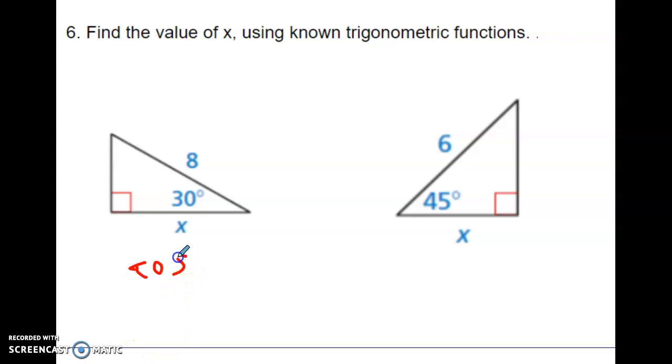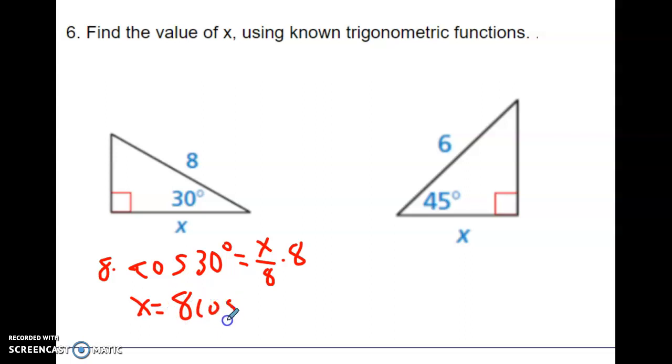Sorry, handwriting is terrible here. The cosine of 30 degrees is equal to x over 8. Now I'm trying to solve for x, so I'm going to multiply both sides by 8. So x is equal to 8 times the cosine of 30.